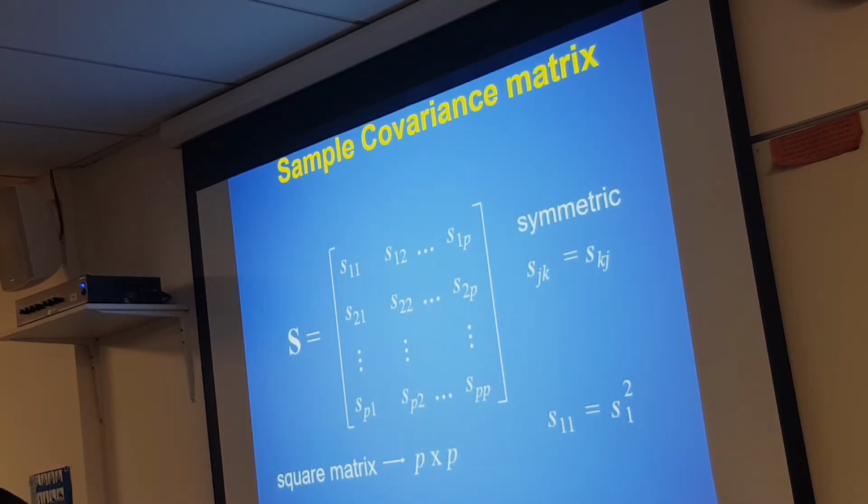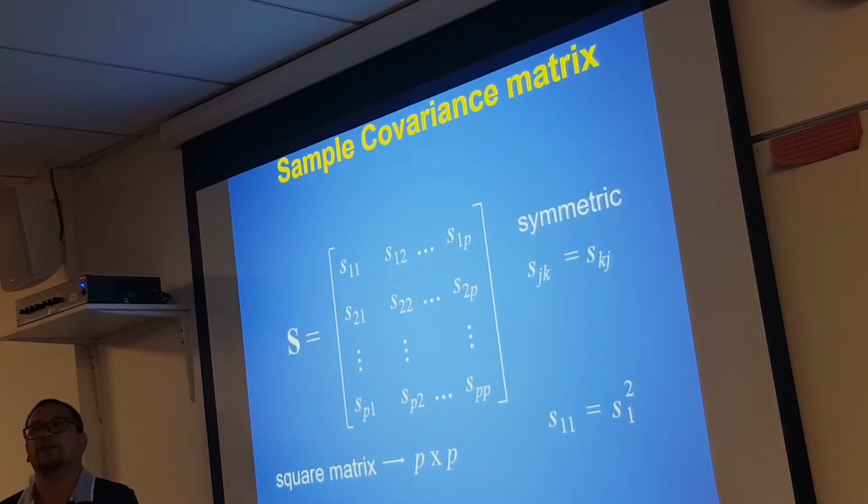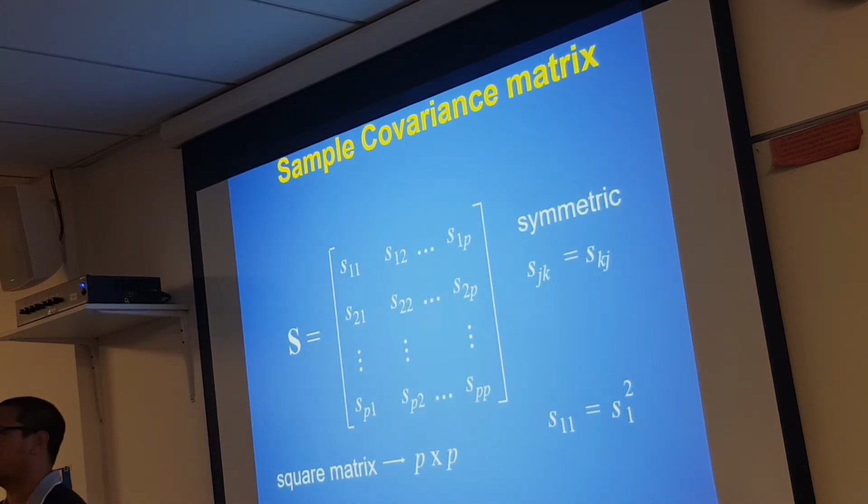If I was to take a different sample, I would end up with a different sample covariance matrix. So this is going to vary from sample to sample. But they're all trying to estimate the true population structure of the data set if I had all the data available to me. That would be the true population covariance. But we don't usually know what that is. Instead, we just have our sample covariance.